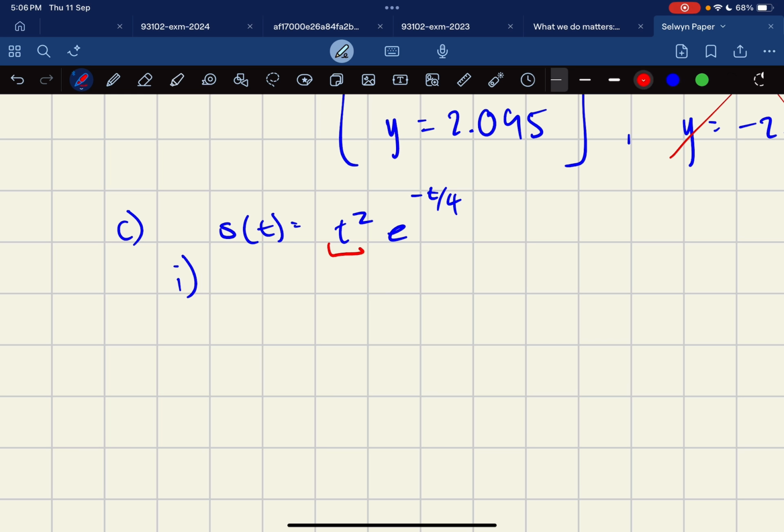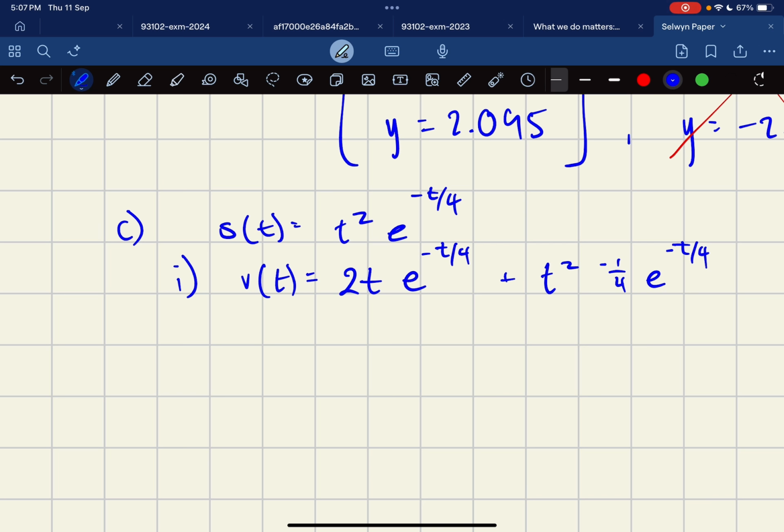But you can see that the displacement function is a product of two separate functions, the first function being t squared, and the second function being e to the negative t over 4. So we are going to use the product rule here to find the velocity. So this is going to be the derivative of the first function, which is 2t times the second function, plus the first function times the derivative of the second function, which is negative 1 over 4 times e to the negative t over 4.